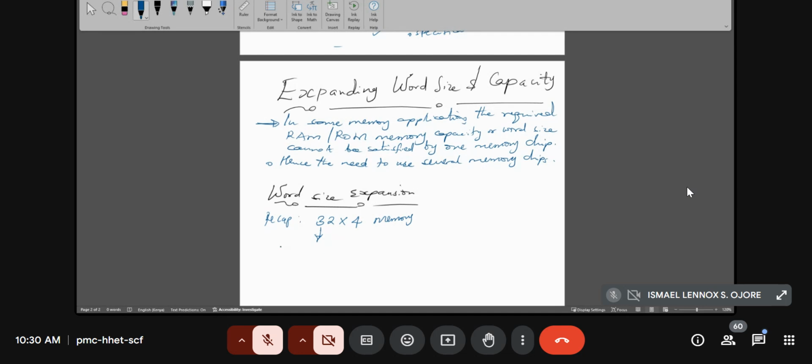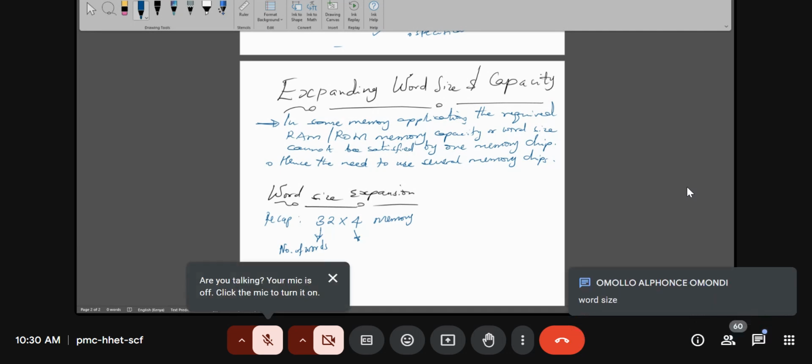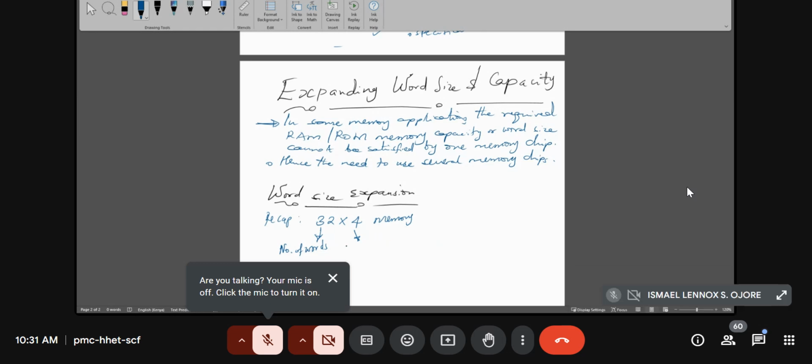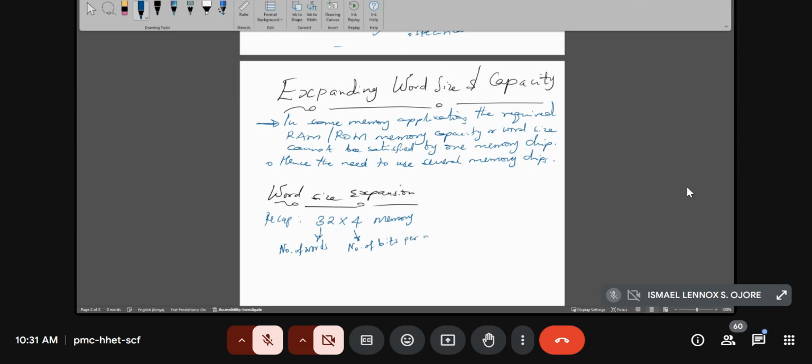So this is essentially the number of words. What about the 4? What does it represent? Yes, the word size. Okay, that's correct. So this is the word size. In other words, this is the number of bits per word. So in this case, such a memory would store that 2 4-bit words.